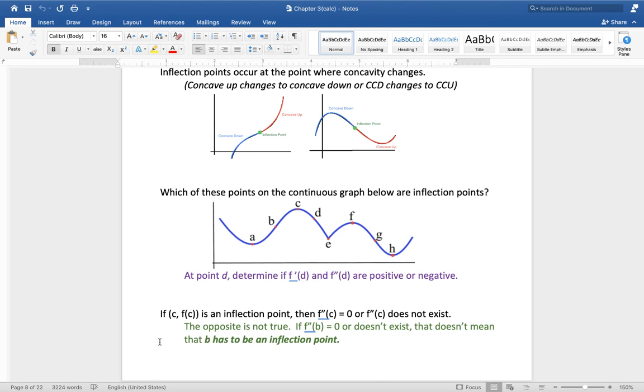Just because your second derivative equals 0 or doesn't exist, doesn't mean it has to be an inflection point. The second derivative at the point E here is undefined, but it's not an inflection point. However, we do know every single inflection point will have a second derivative that is either 0 or does not exist. So you have to make sure it's in the right order.